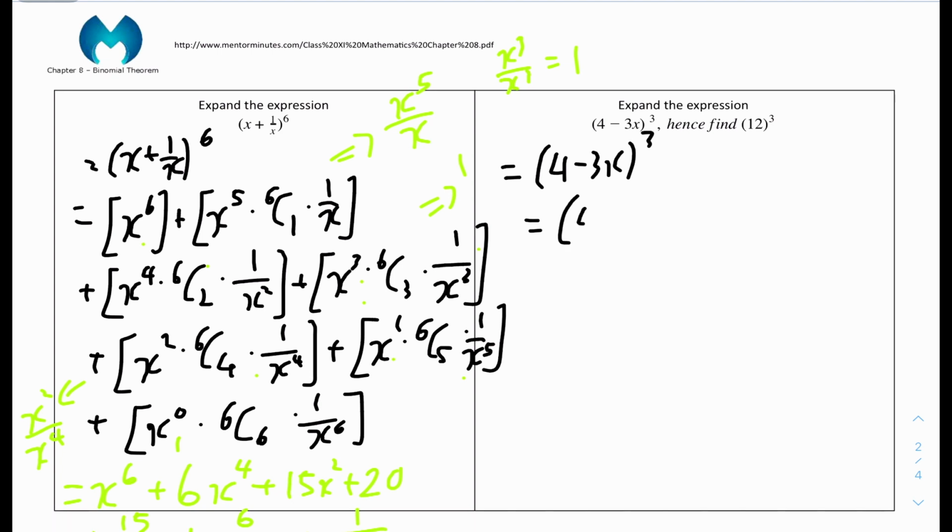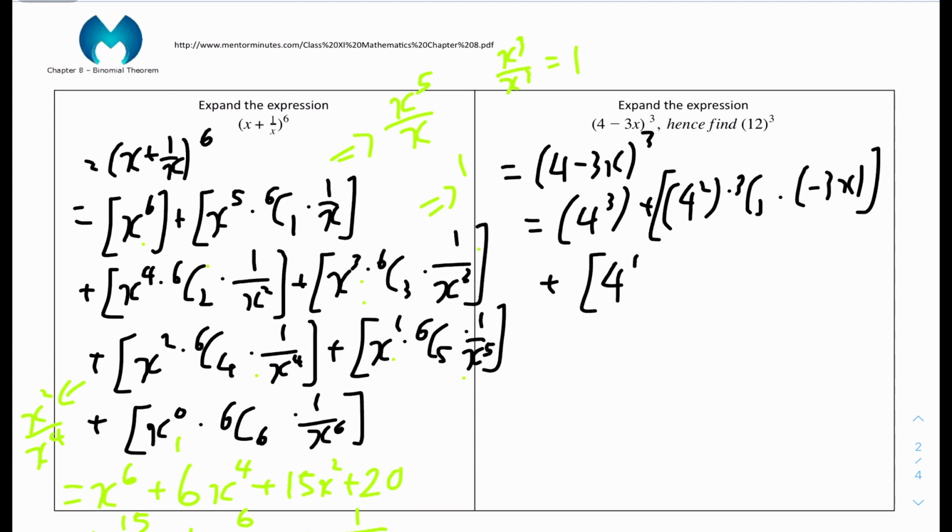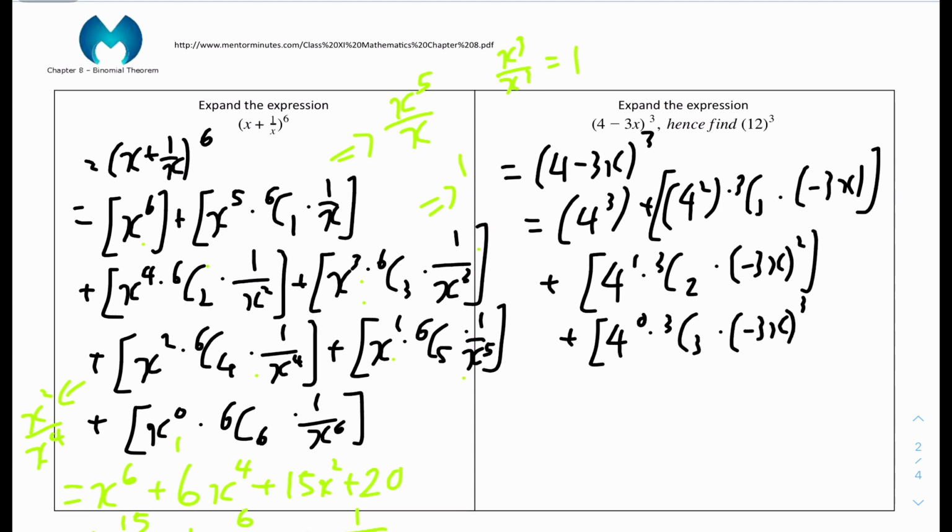So it will equal 4 to the power of 3 plus 4 to the power of 2 times 3c1 times minus 3x, plus 4 to the power of 1 times 3c2 times (minus 3x) squared, plus 4 to the power of 0 times 3c3 times (minus 3x) to the power of 3, like so.